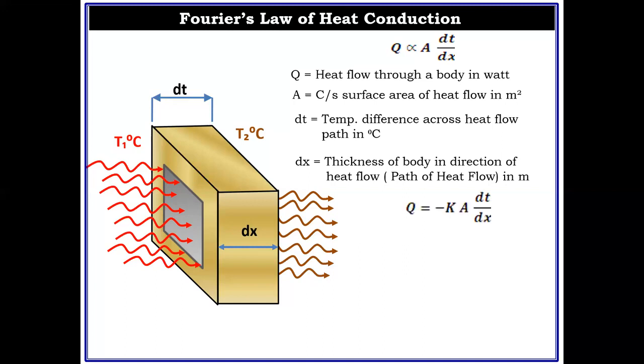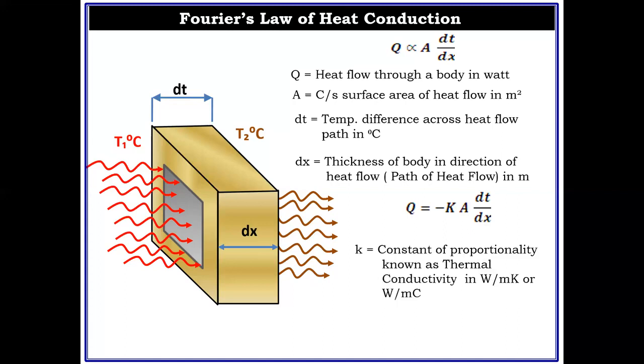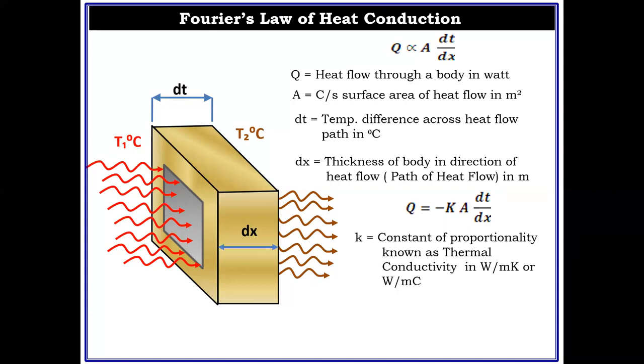If we remove the proportionality sign, then Q is equal to minus kA dT by dx, where k is the constant of proportionality, known as the thermal conductivity of that body or material.